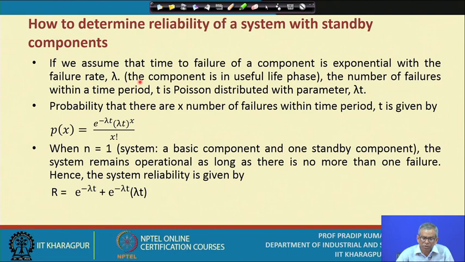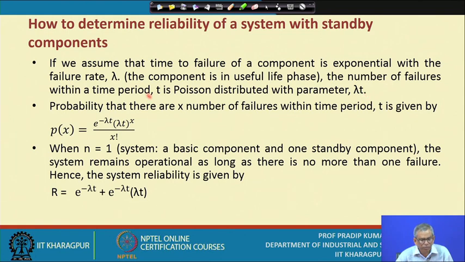Lambda is assumed to be constant, since the component is in the useful life phase, as already mentioned. The number of failures within a time period t is Poisson distributed with parameter lambda t. The Poisson distribution is also a distribution for a discrete random variable, with a single parameter, and that parameter is lambda t.